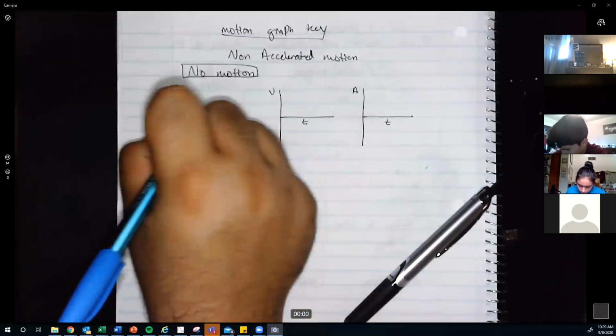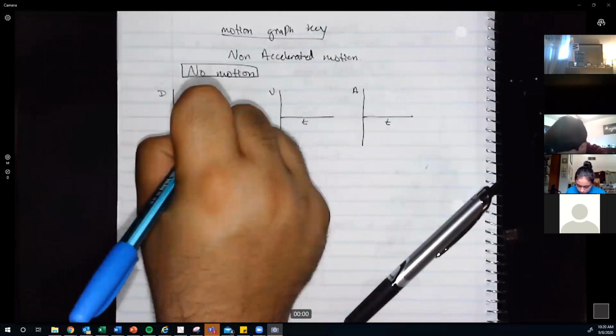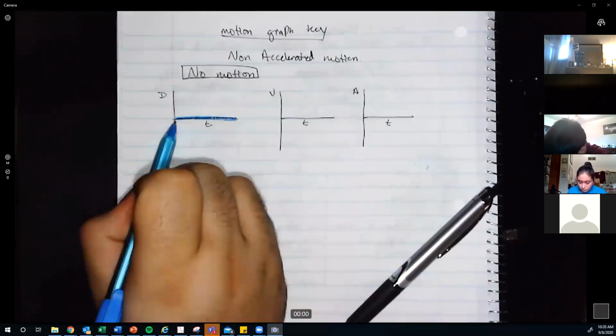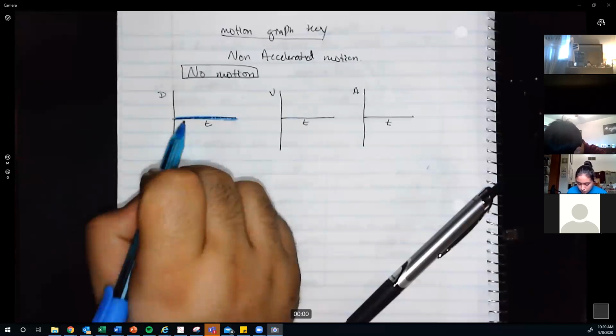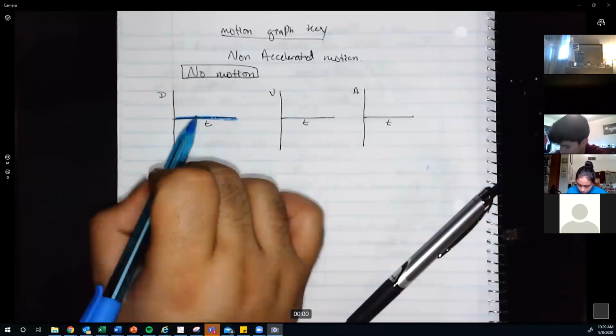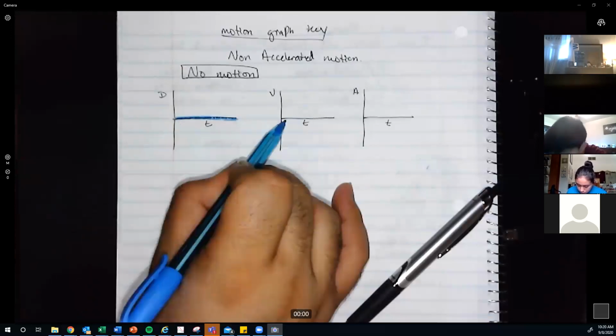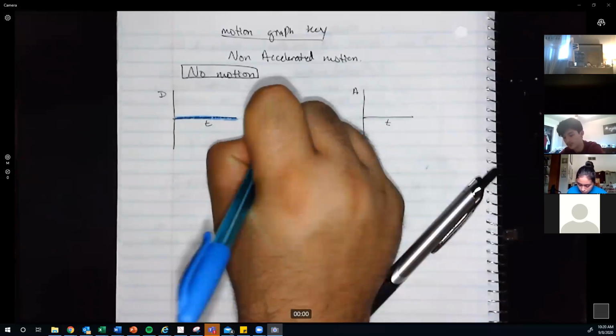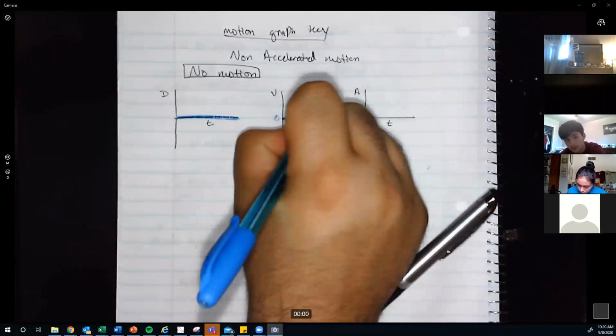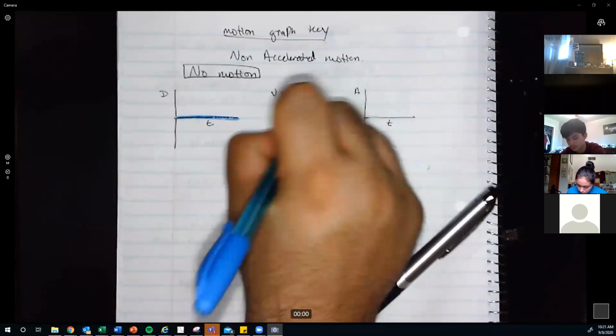Okay, so if this is flat and there is no velocity present, then on a velocity time graph it's going to be plotted as 0. We don't have any velocity in that particular graph.